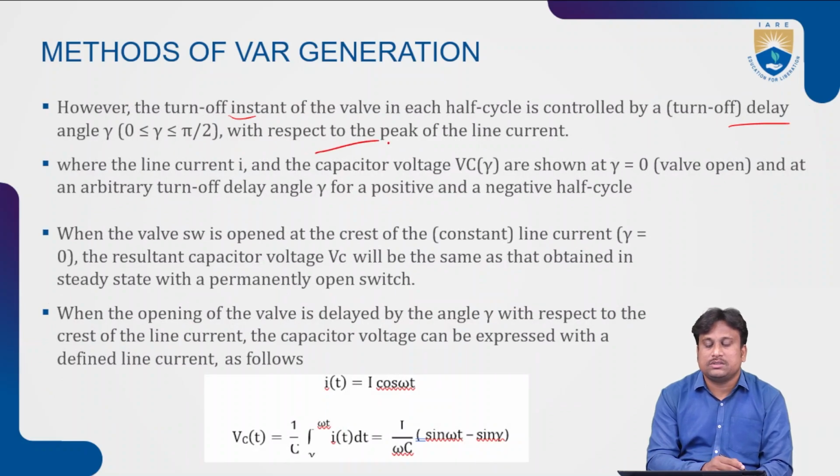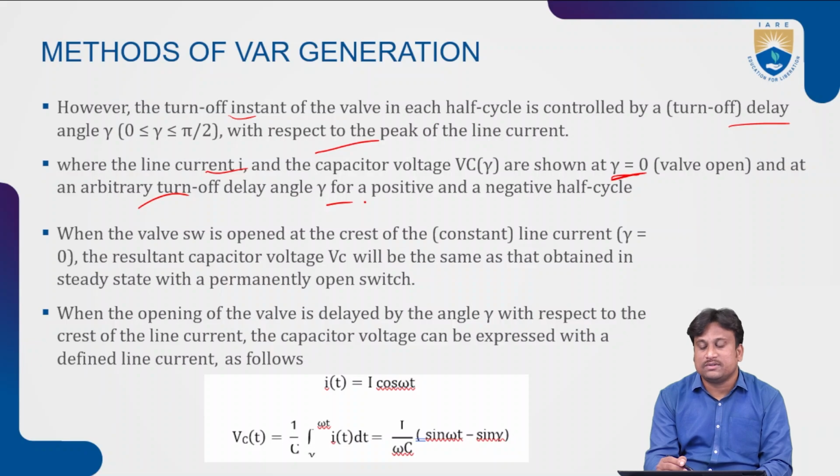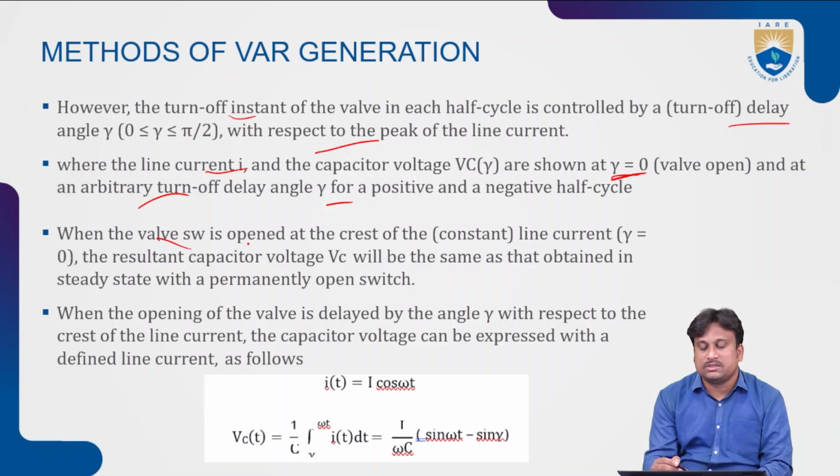With respect to this, the peak moment of the line current is followed. The line current and the capacitor voltage are represented with gamma equal to 0 at an arbitrary turn off delay angle gamma, for the positive and negative half cycle. When the valve switch is opened at the crest of the line current, gamma becomes 0.